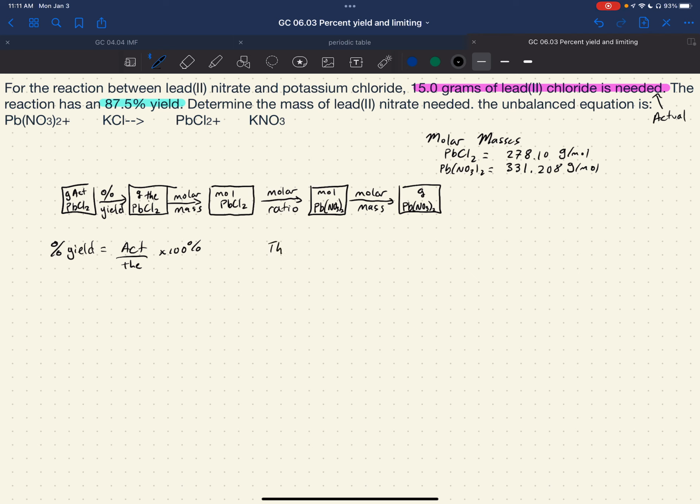So I get theoretical times percent yield equals actual yield times 100%. And then divide both sides by percent yield. So theoretical yield equals actual yield times 100% divided by percent yield.